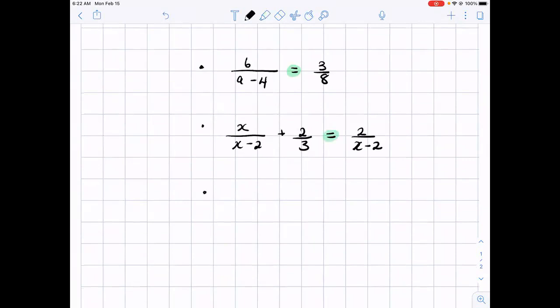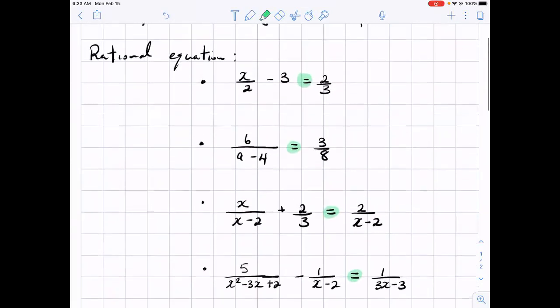We can have 5 over x squared minus 3x plus 2 minus 1 over x minus 2 equals 1 over 3x minus 3. So this is also a rational equation.